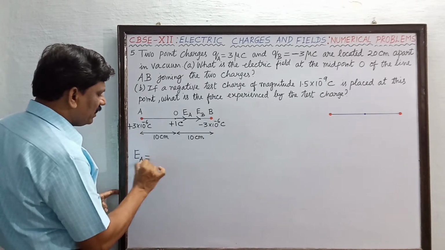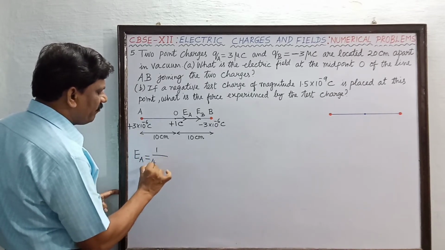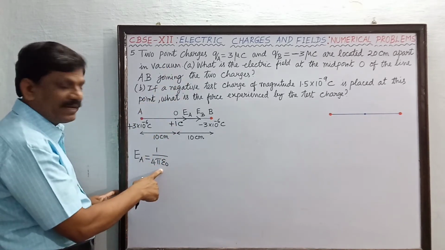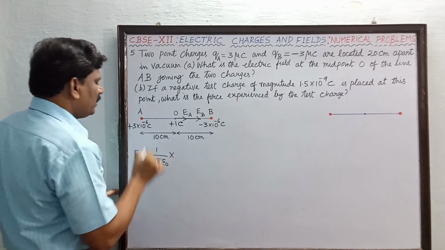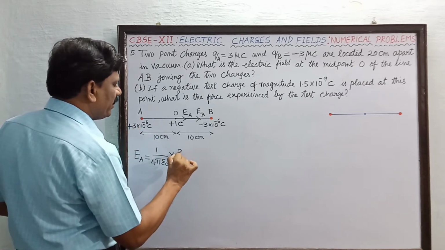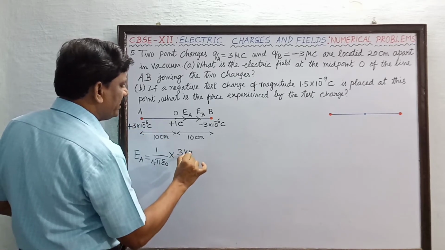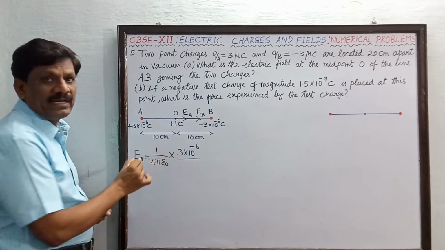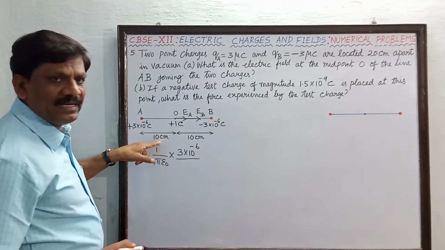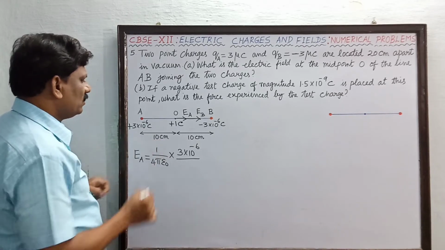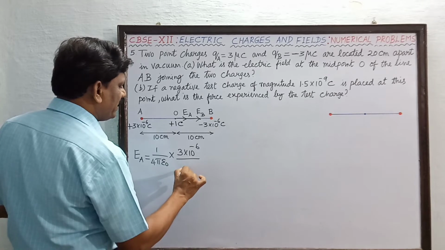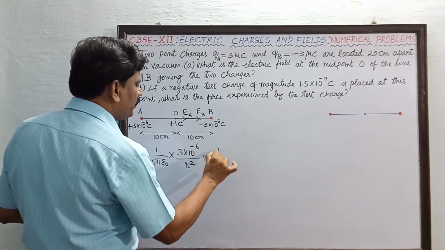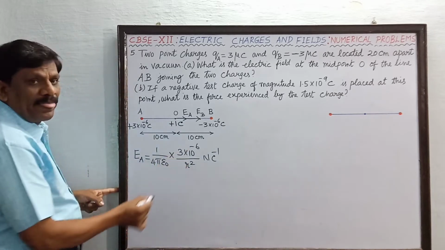So by formula this is equal to 1 by 4 pi epsilon naught, because it is in vacuum, into the magnitude of the charge, which is 3 into 10 power minus 6, divided by distance square. This is 10 centimeter the whole square, is it not? So this distance I will write here as r square. This unit is Newton per Coulomb. So Q by r square.